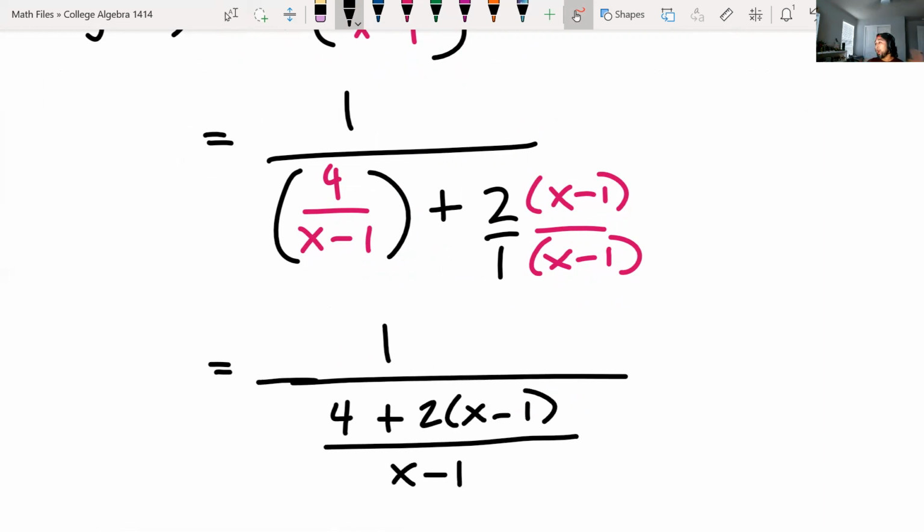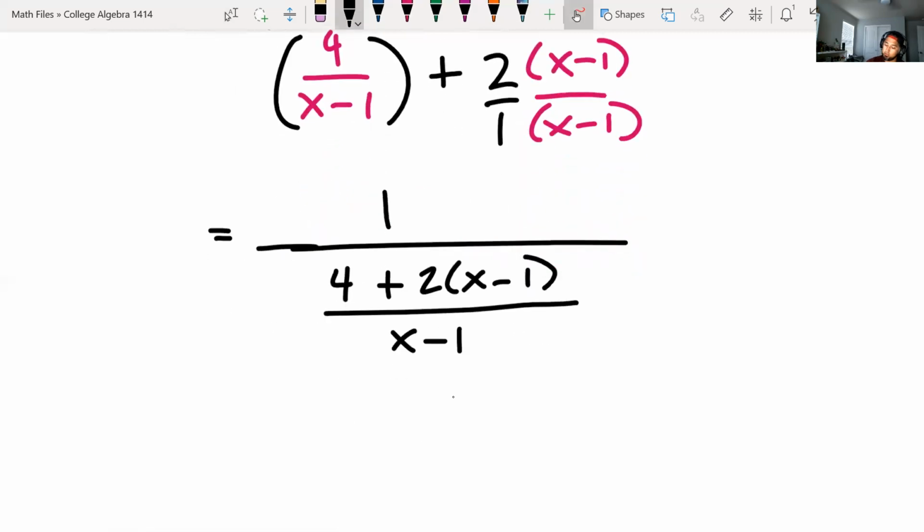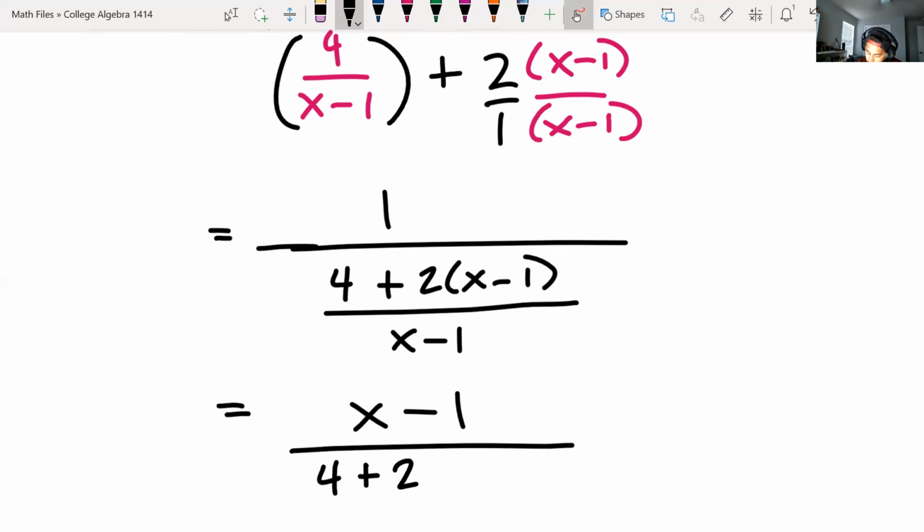And if you have a fraction in your denominator, you multiply by the what? The reciprocal. Yeah. So we just take this fraction and flip it over. So we get x minus 1 over 4 plus 2 times x minus 1.